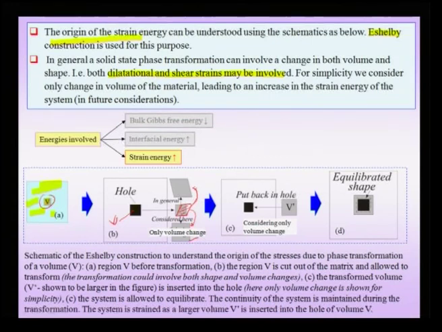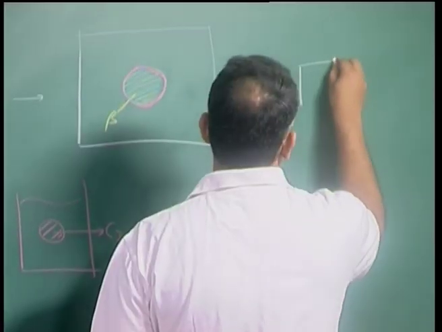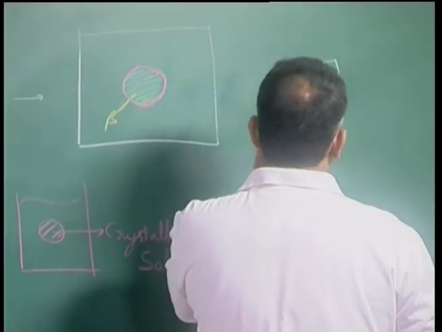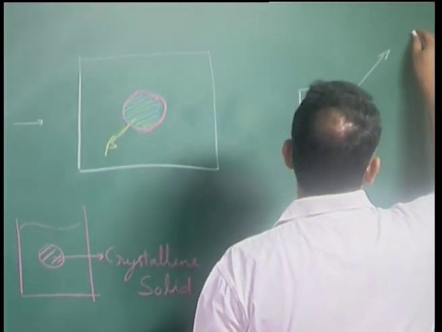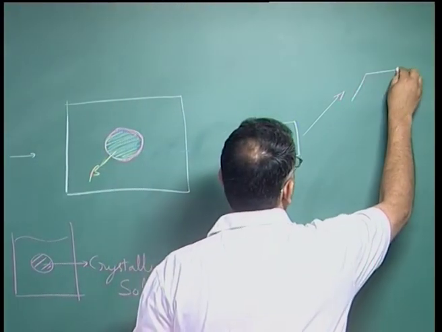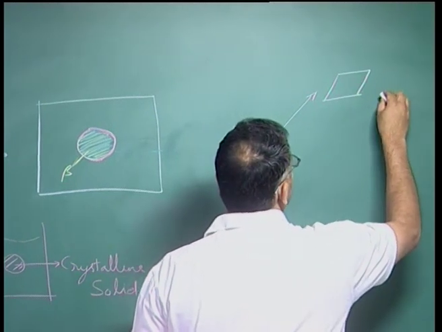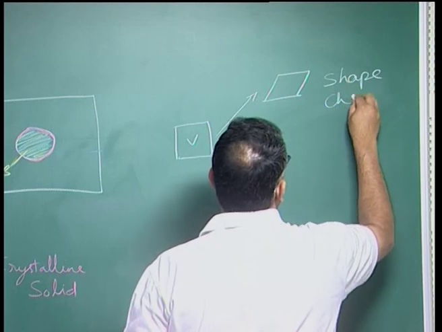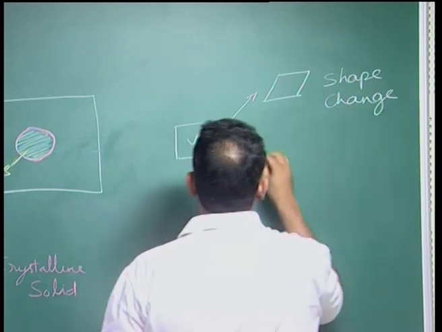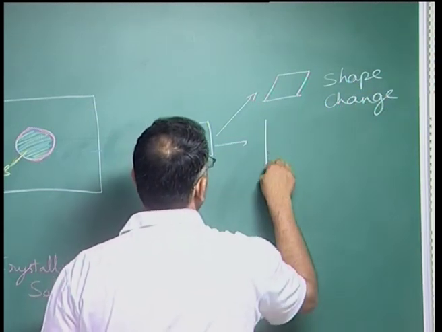Since this aspect is important, I will go to the board and draw this all over again. I have a volume V of material which I have plucked out from the inside of the matrix. I can have this volume V of material transforming by pure shape change. That means I assume the volume is constant. I could have a pure volume increase, that means the shape is the same.